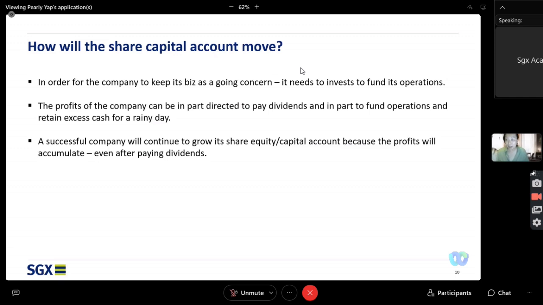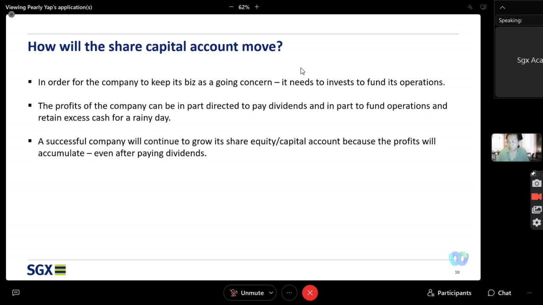So it needs actual money, right? It needs capital, right? So the capital can come from what? Initial shareholders that contribute, but also at the same time, the profits that are generated on an ongoing basis, right? After you pay dividends, there is leftover money. This money can be used to fund the operations of a company, right?